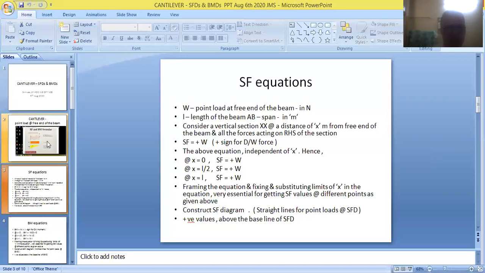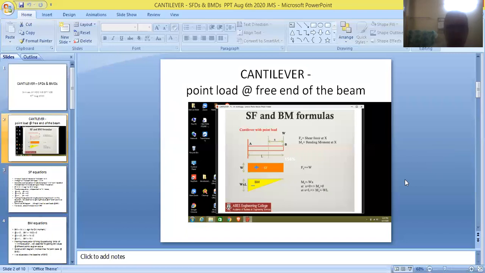So this is what we have seen in this particular figure. At x equal to 0, SF is equivalent to plus W. At L by 2 also it is equivalent to plus W, and at x equal to L, at this point also it is obtained as plus W. So we have to use straight lines in the case of point loads.